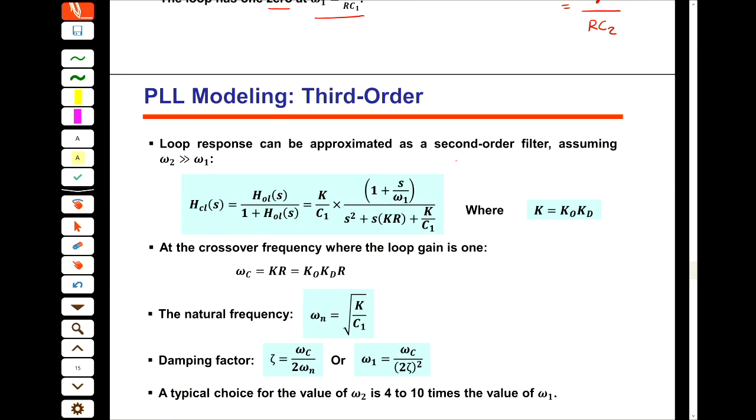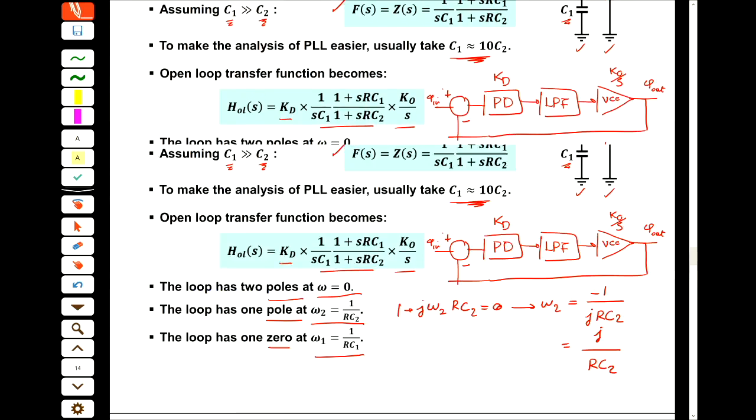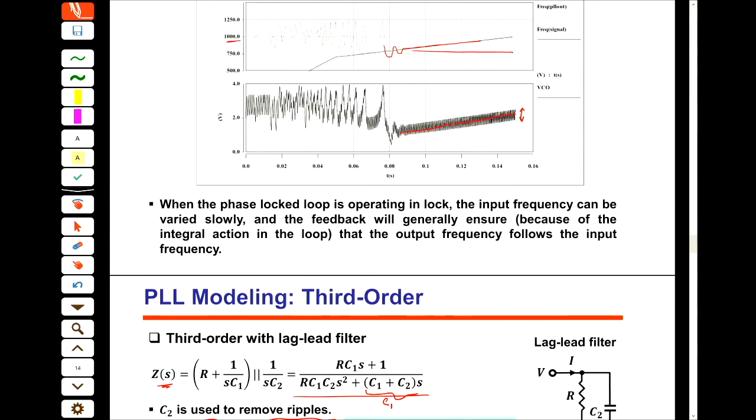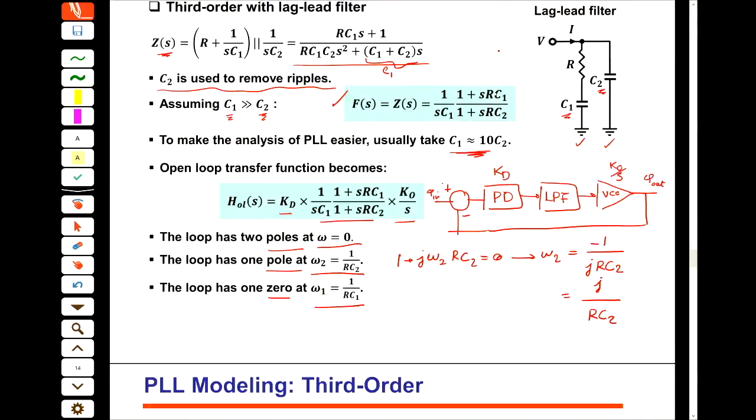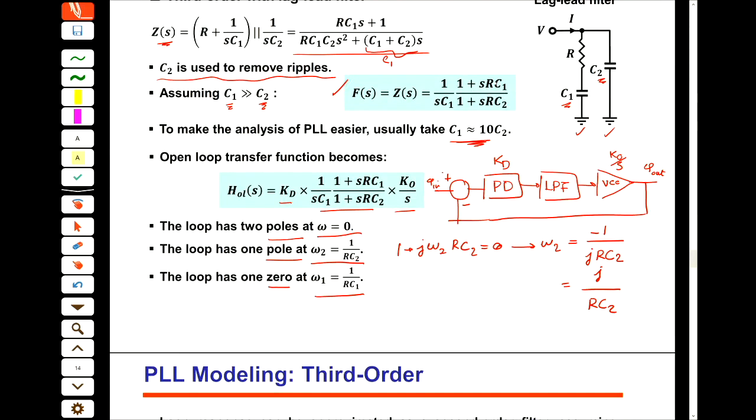And then, all right, if we write down the transfer function, the closed loop transfer function, H of closed loop S equals H of open loop divided by H of open loop plus 1.